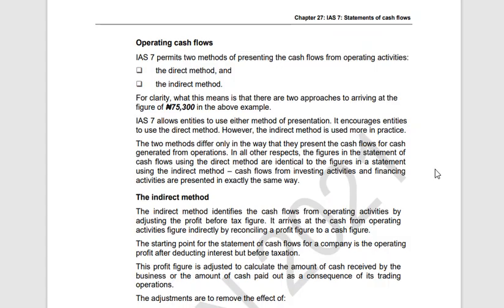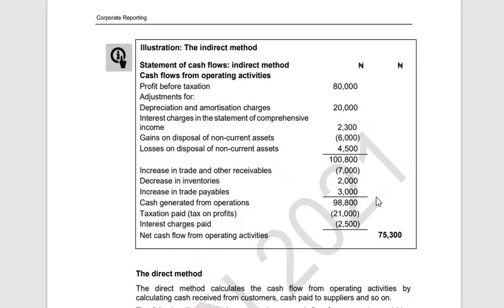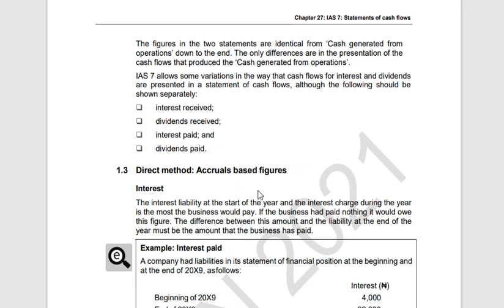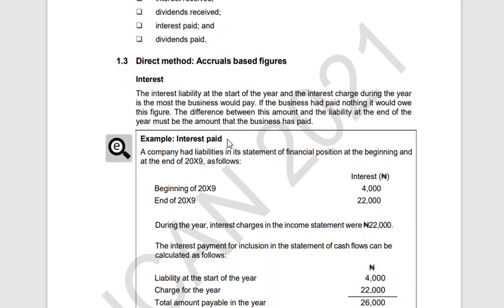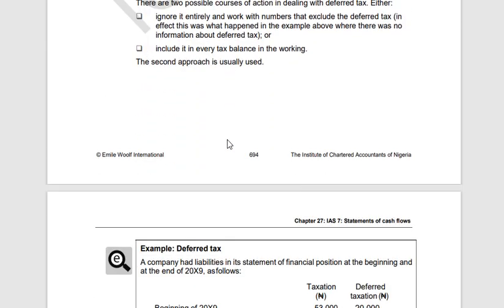Now let's look at some of the notes. IAS 7 allows some variation in the way cash flow for interest and dividends are presented in a cash flow statement, although the following should be shown separately: interest received, dividend received, interest paid, dividend paid.